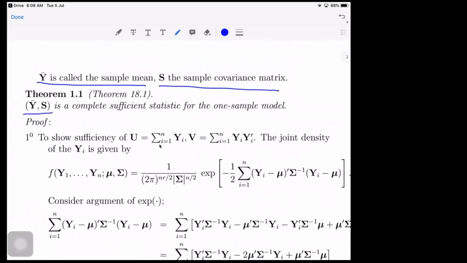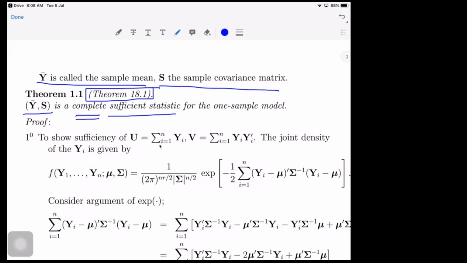So again, theorem 18.1 in Arnold's shows that y bar and S are jointly sufficient, and they are a complete sufficient statistic.